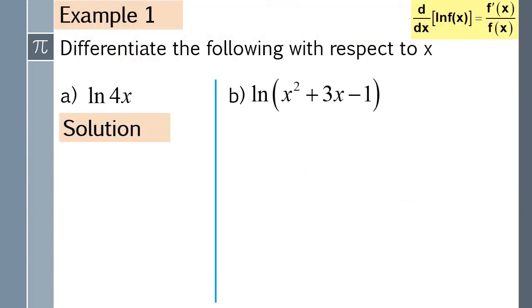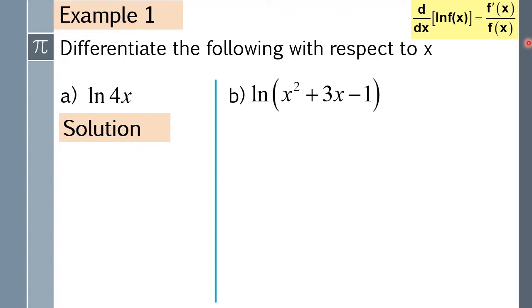Example 1. Differentiate the following with respect to x. A. ln 4x. B. ln(x squared plus 3x minus 1). By using this formula, d/dx ln f(x) equals f'(x) over f(x).